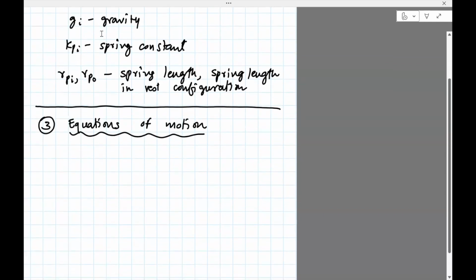The formula is as follows, and I'll show you how to use the formula later on. So it's d/dt of dL/dq dot, so q dot is, let's put q_j, minus dL/dq_j equals Q_j.